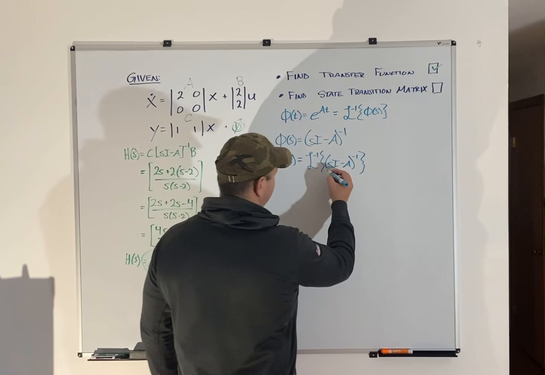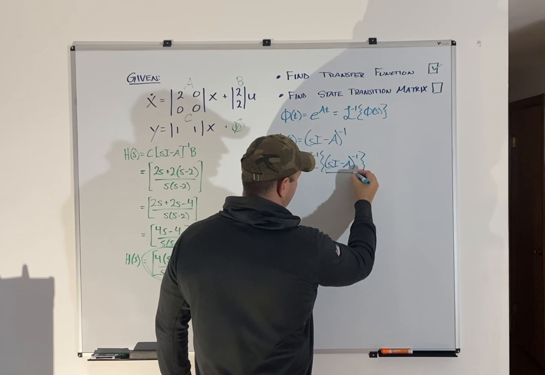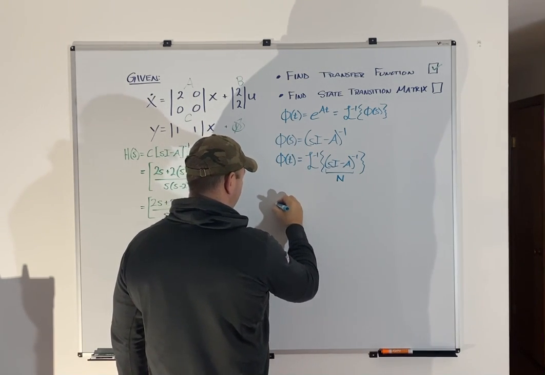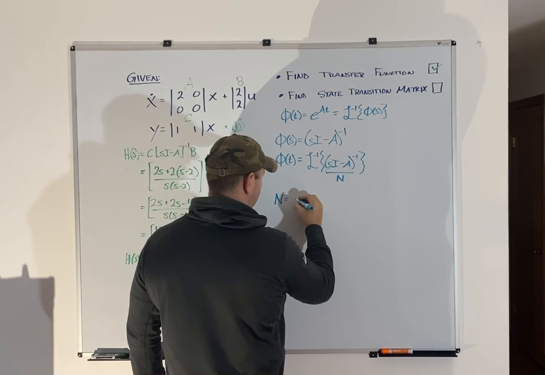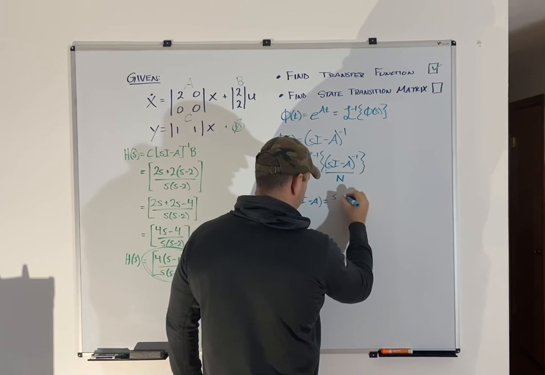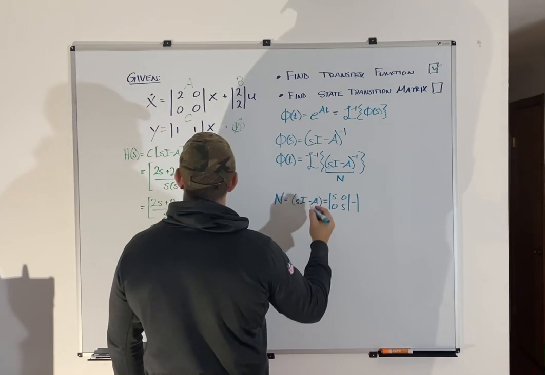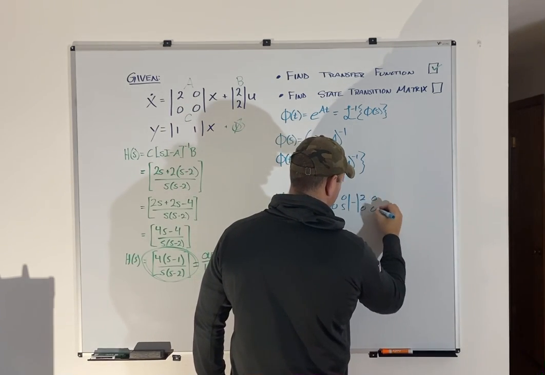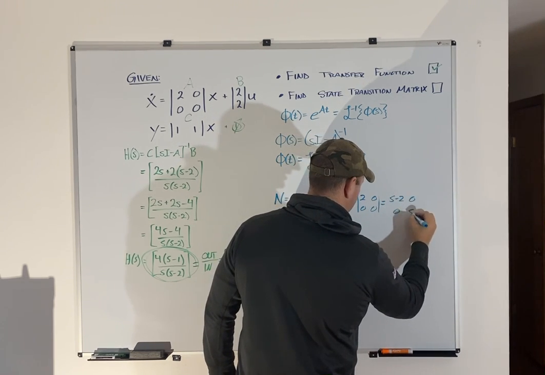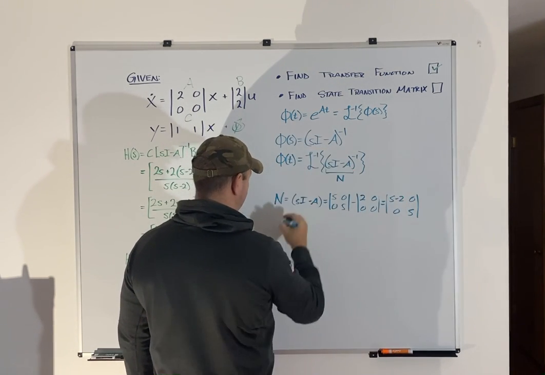So we're going to call this N, capital N, equal to sI minus A, which is equal to [s, 0; 0, s] minus [2, 0; 0, 0], which is equal to [s minus 2, 0; 0, s]. N is right there, and we need N inverse.